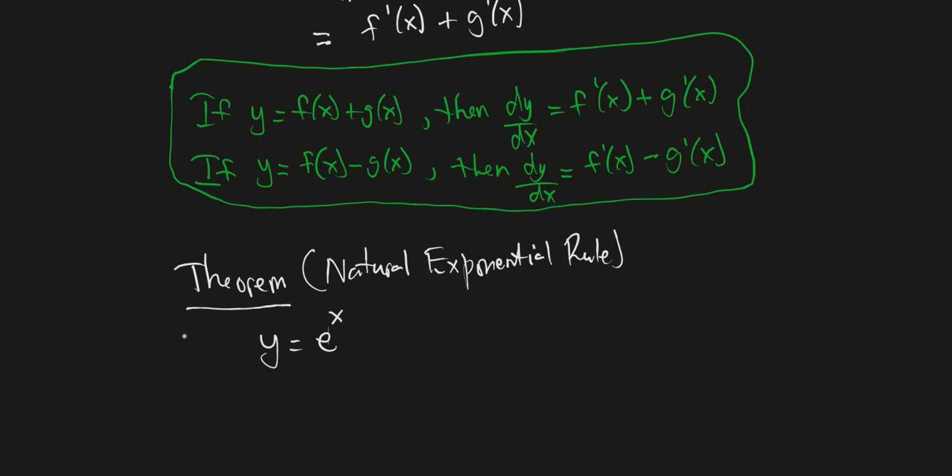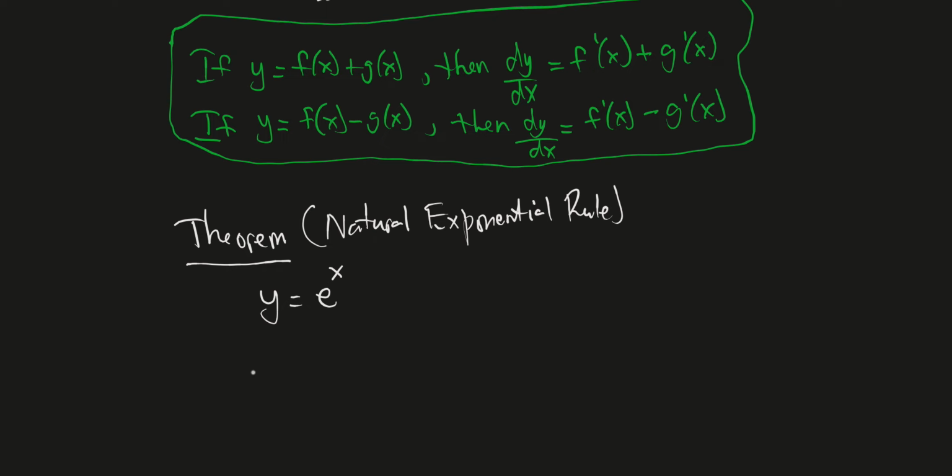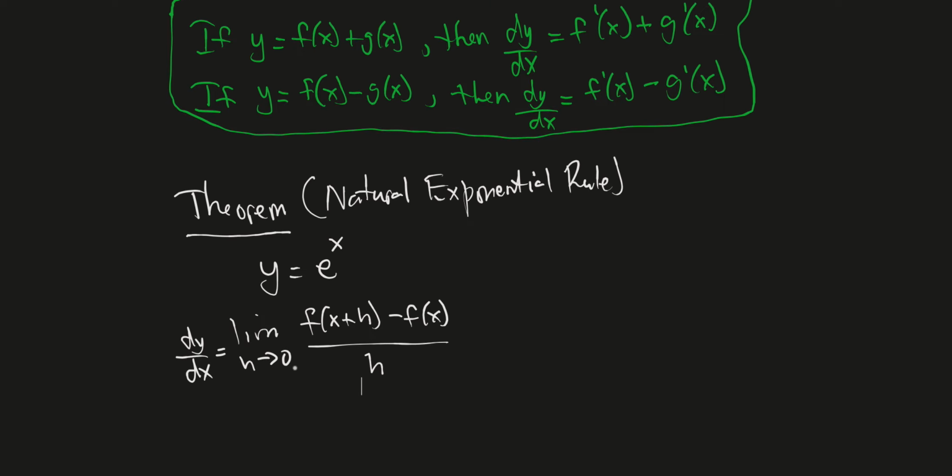Let me at least set it up and walk you through, and I'll say where I'm going to skip the details because there are a lot of details that go into that step. If we want to find the derivative, dy dx is equal to our function evaluated at x plus h minus our function over h, right?